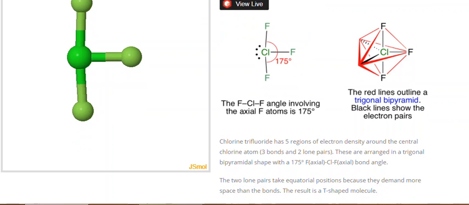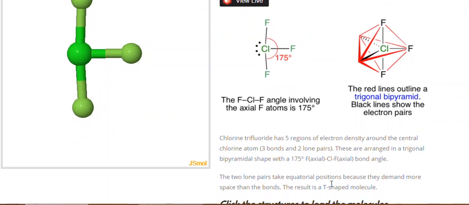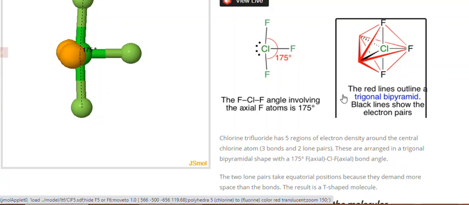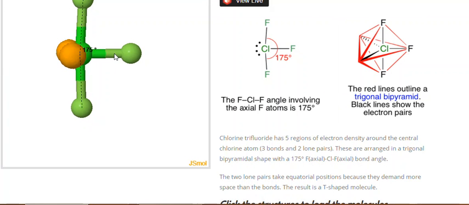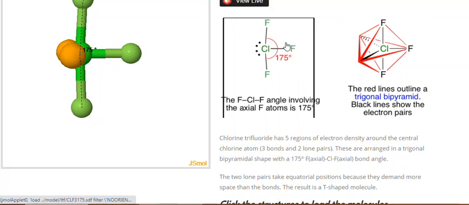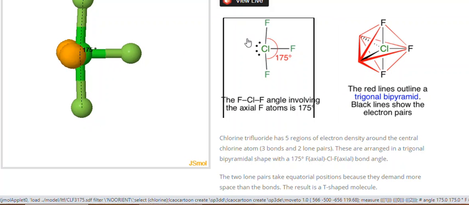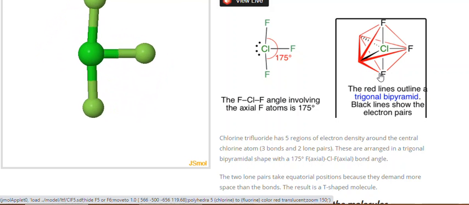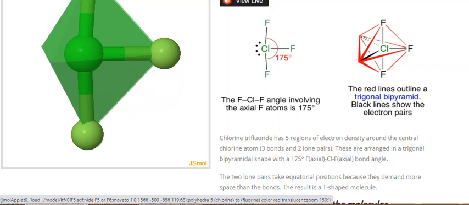The two lone pairs take equatorial positions because they demand more space than the bonds. The result is a T-shaped molecule. The red lines outline the trigonal bipyramid, while the black lines show the bonds and electron pairs.